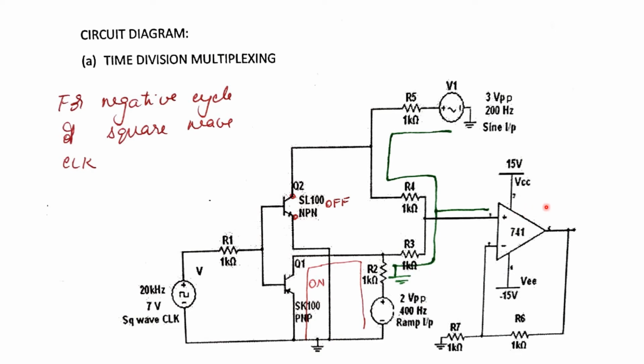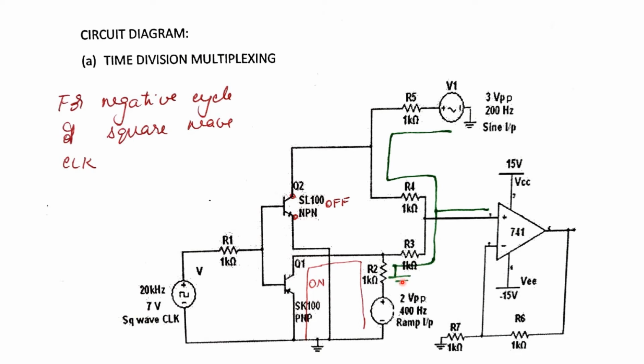We can see the equivalent circuit in the next slide. Here these are the components which will be present in the equivalent circuit: a sine signal, R5 1 kilohm, R4 1 kilohm, and R3 1 kilohm.